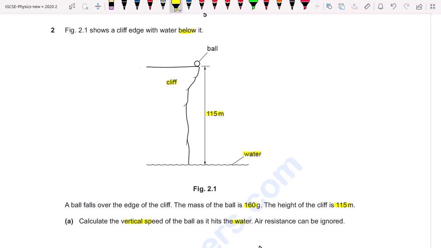Here we have to find out the speed. As the ball falls down, the height goes on decreasing, but the ball gains kinetic energy. It means that the loss of potential energy must be changed into kinetic energy.